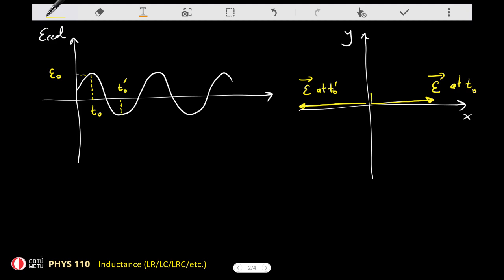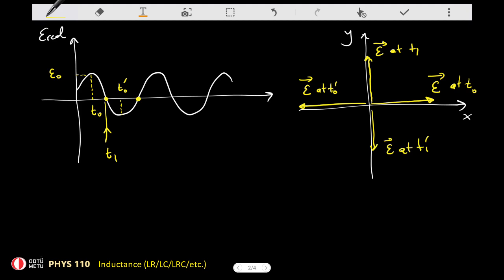There is also a special place where the EMF is oriented along the y direction. Let me call this time t1. This is the point where the x component becomes 0, so that's the point where the real EMF vanishes. There's another time here, which I'll call t1 prime, the point where the EMF becomes 0 one more time.